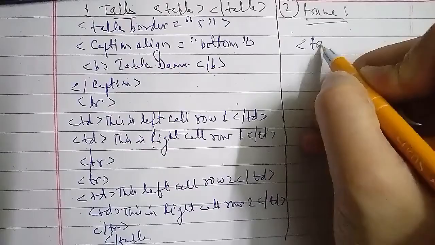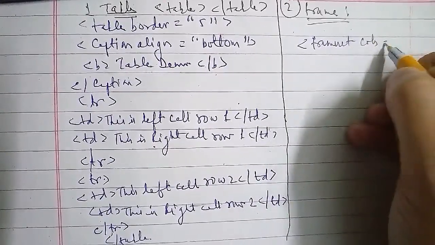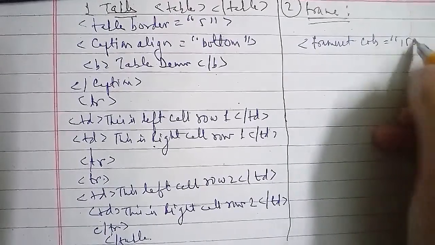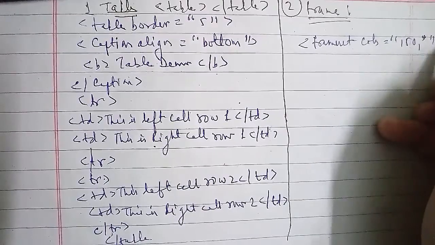And this asterisk sign that we used means any number of the remaining pixels. Now we'll go ahead with the third one, that I told you about, which is related to the form.